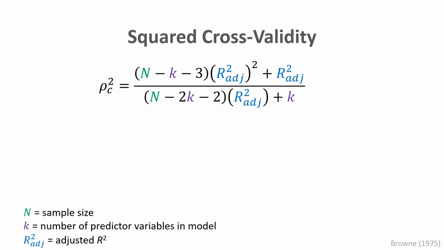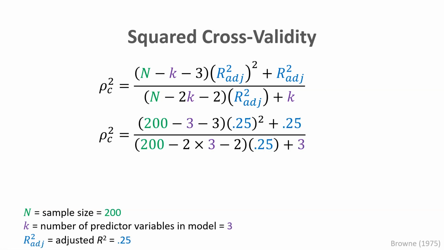And as before, the sample size is represented with an N in green, the number of predictor variables is represented with K in purple, and then blue represents the adjusted R squared instead of that unadjusted R squared that we saw with the initial adjusted R squared formula. So let's plug in this hypothetical example where we imagine that our sample size is 200, the number of predictor variables in the model is 3, and that our adjusted R squared value is 0.25.